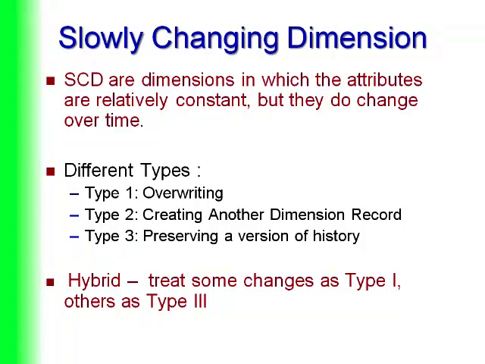Whereas in the case of type 3, we create an additional attribute column to retain any one previous value, which we call a version of history.